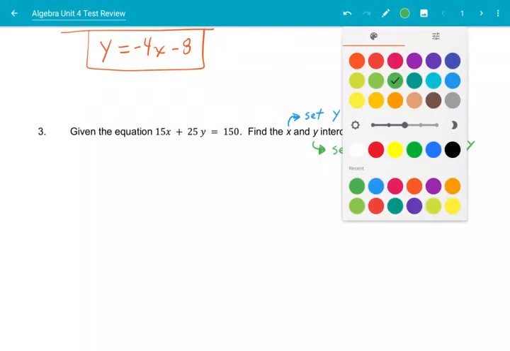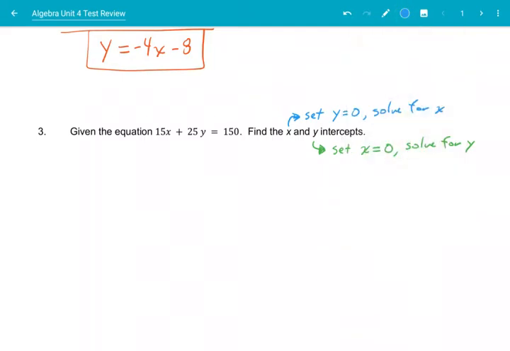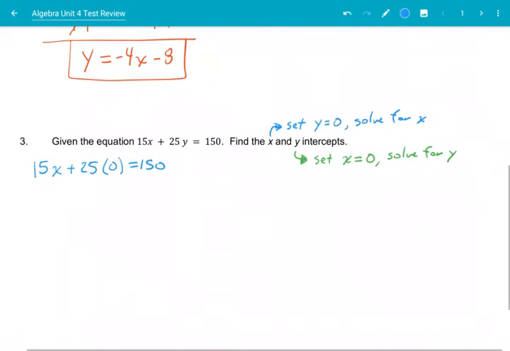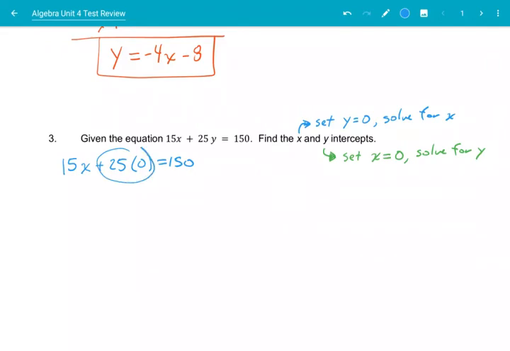So let's find the x-intercept first. 15x plus 25 times 0 equals 150. Anything times 0 is 0, so I'm just going to erase it. 15x equals 150. Divide by that coefficient. So x equals 10.